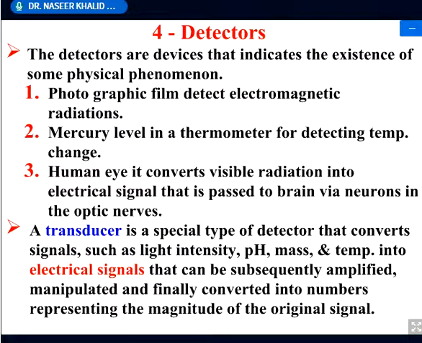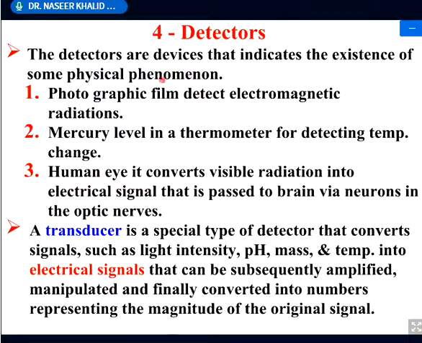Now, after passing through the cell, after passing through the solution, the next point is detection. Detection of the radiation. What are the detectors? Detectors could be anyone. Detectors are the devices that indicate the existence of a physical phenomenon, that something is happening.